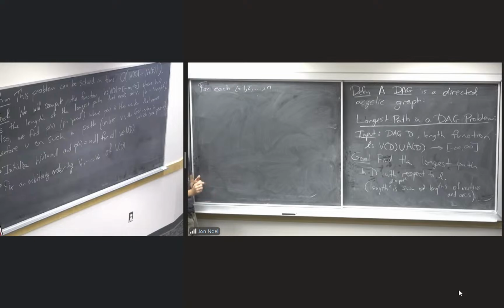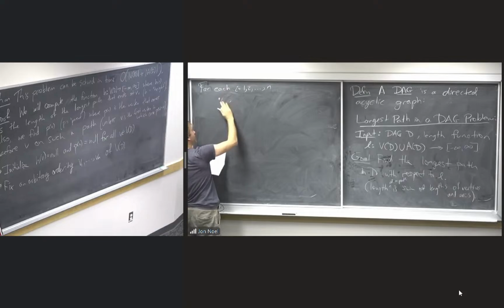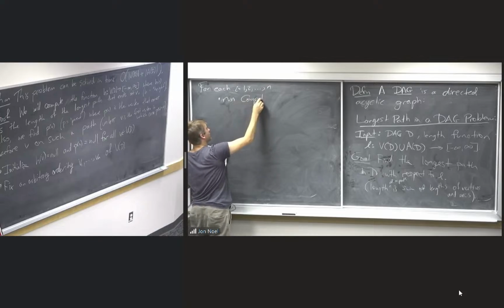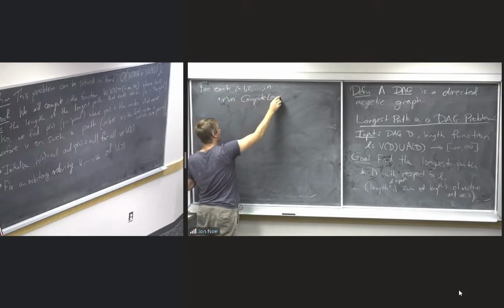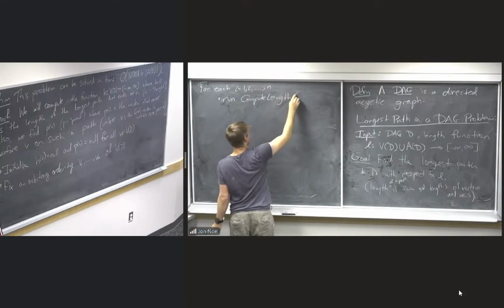All right, so this is going to be a very short algorithm, but I'm going to basically just run a certain kind of subroutine, and then I'm going to have to explain what this means. So for each vertex one by one, I'm going to run the subroutine which I'm calling compute length of vi.